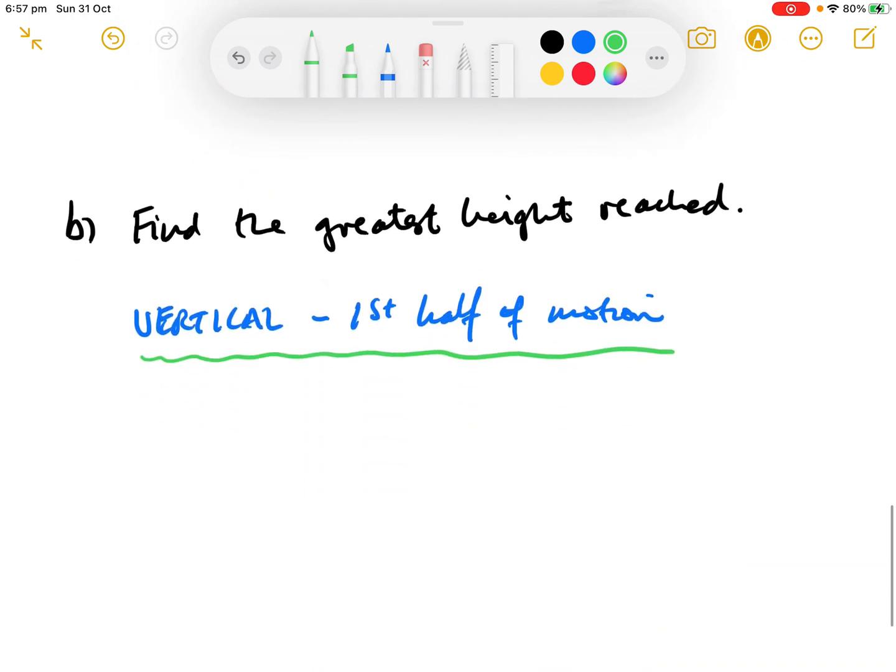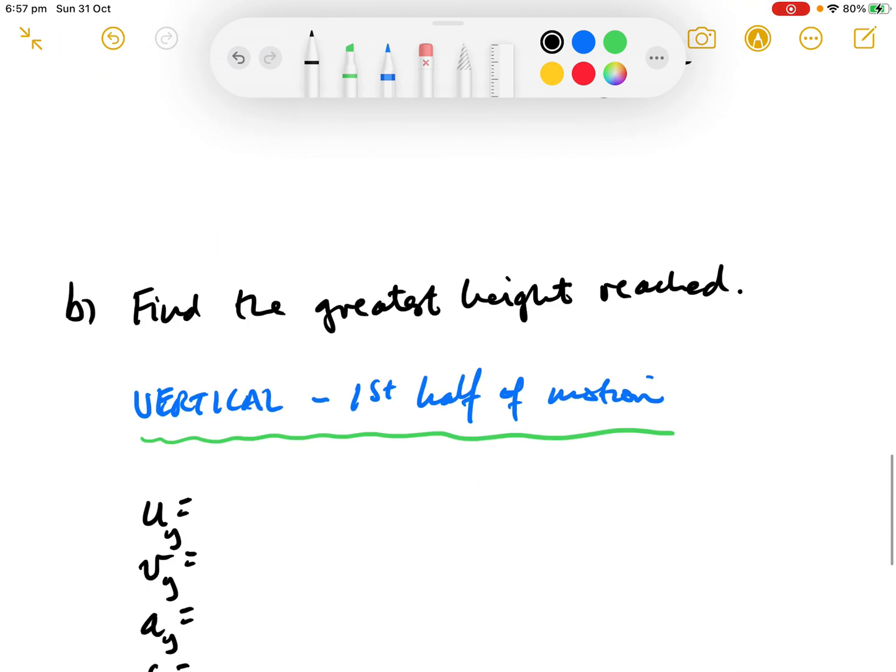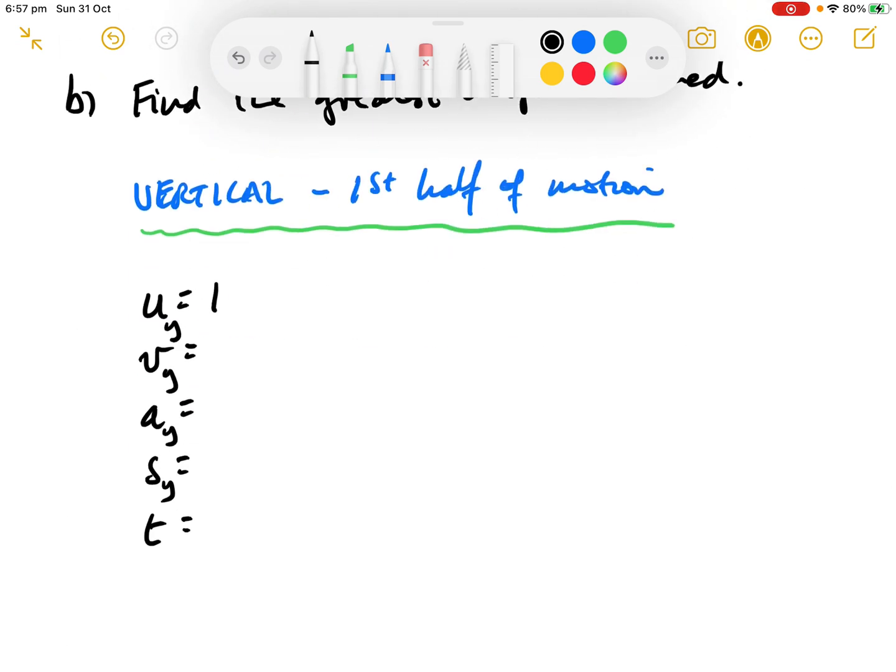Now, because the variables are different from part A, I need to relist my UVAST, because they're not the same as before, because I'm only going halfway this time. Again, this is all in the y direction. Well, my initial vertical velocity is still 16.9.